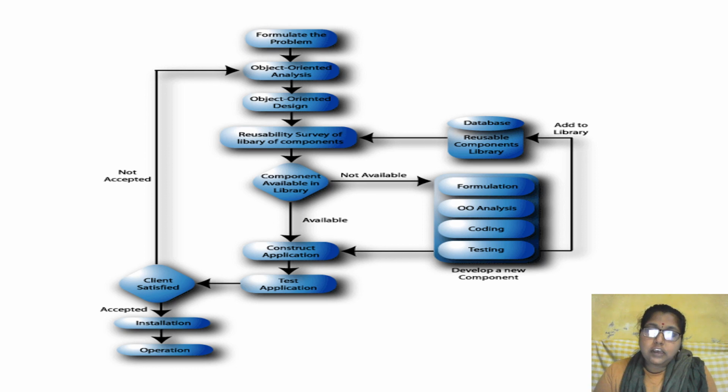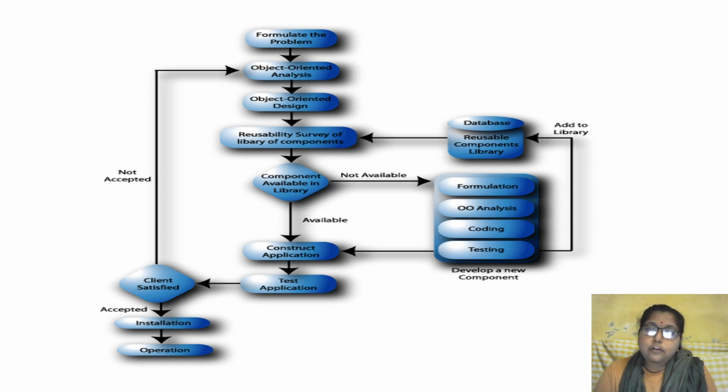Library components are formulation, analysis, coding, testing. That is, the database has a reusable components library that can be reused in this step. Then we check whether components are available in the library. If not available, we formulate.